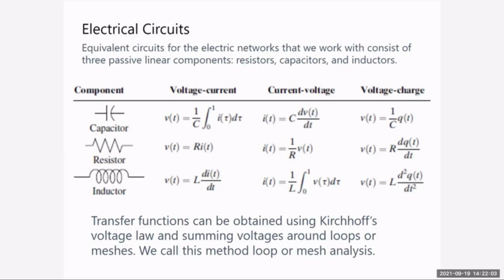When we say voltage-current, it is the relationship of your voltage to current; current-voltage is your current's relationship to voltage; and voltage-charge is the relationship of voltage to your charge.